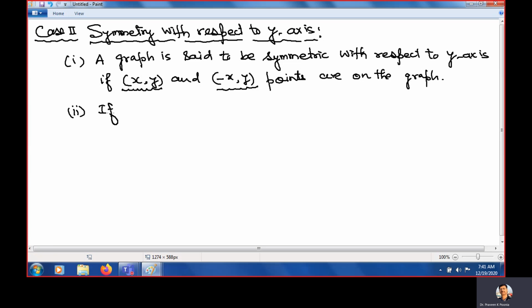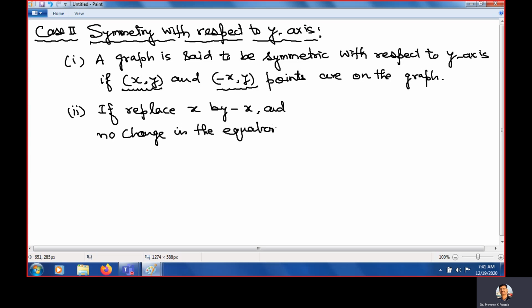So if we replace x by minus x and there is no change in the equation, then the graph is symmetrical about the y-axis.